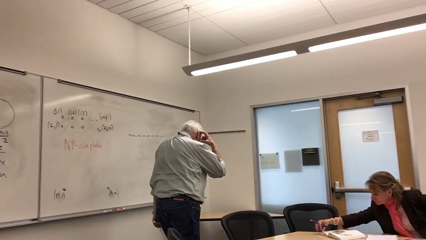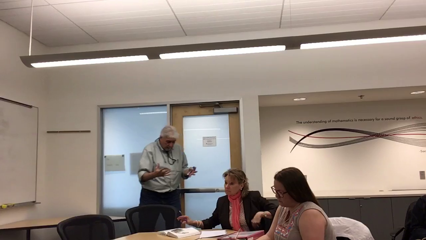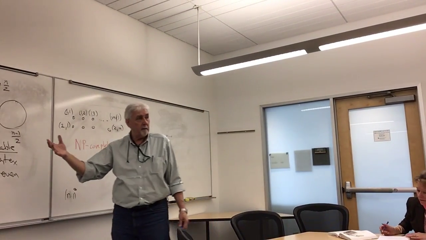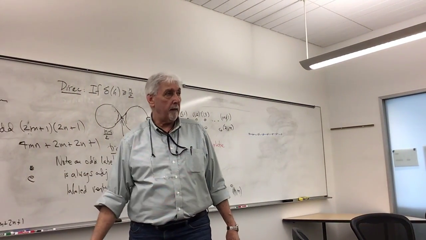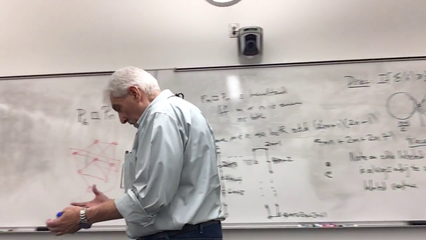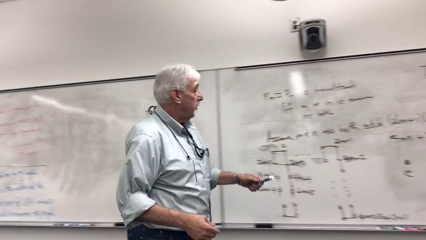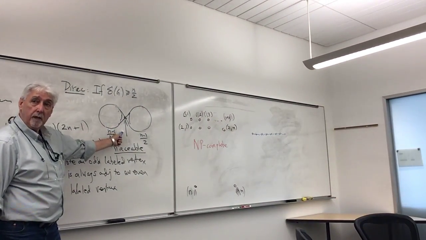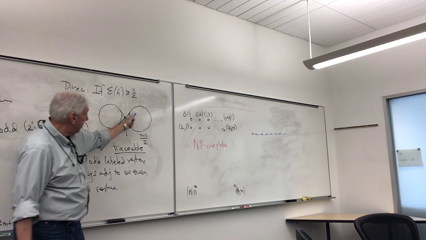So again, just like with Hamiltonicity, we might think if a graph has a lot of edges, then its connectivity should be pretty high. I should have to remove a lot of vertices before I disconnect the graph. And I say it that way to sort of lead you down a bad path, because this graph has a lot of edges. This is complete over here, and this is complete over here.